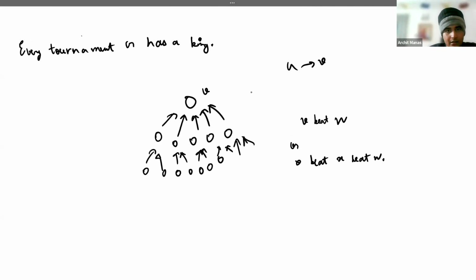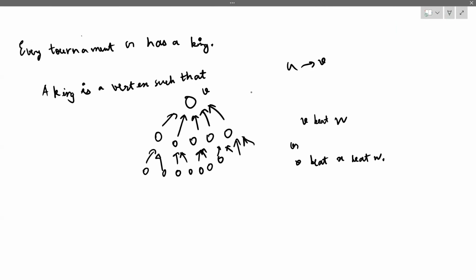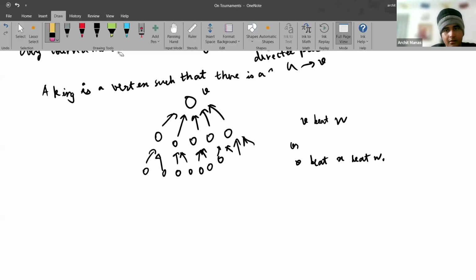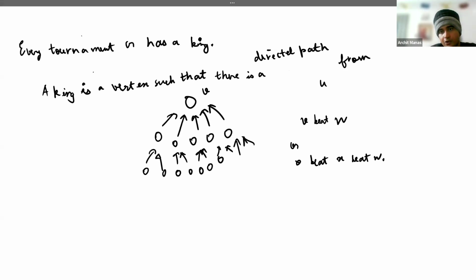So a king is a vertex such that it can be reached from every other vertex in at most two steps, such that there is a directed path from U to V with less than or equal to 2 edges for all vertices U in the tournament.